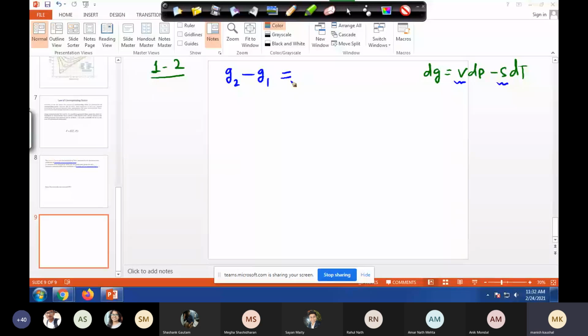So for G2 minus G1, that's the problem. We are going from 1 to 2, and we have no information about V. So how can we integrate it? That is my doubt.